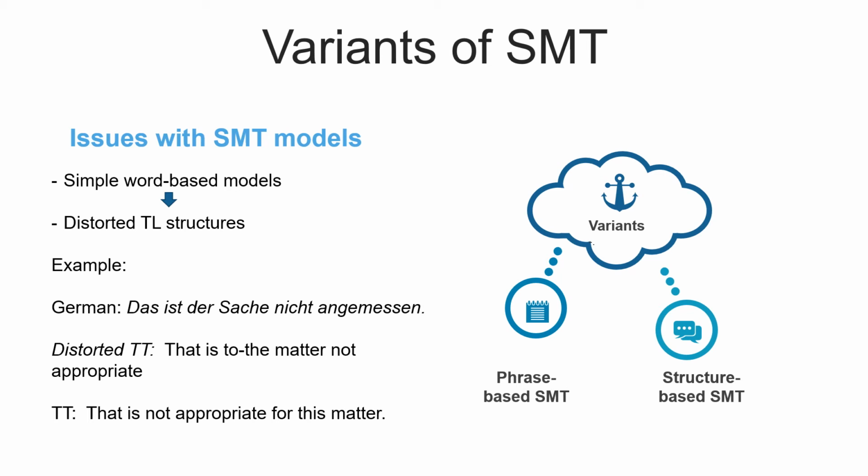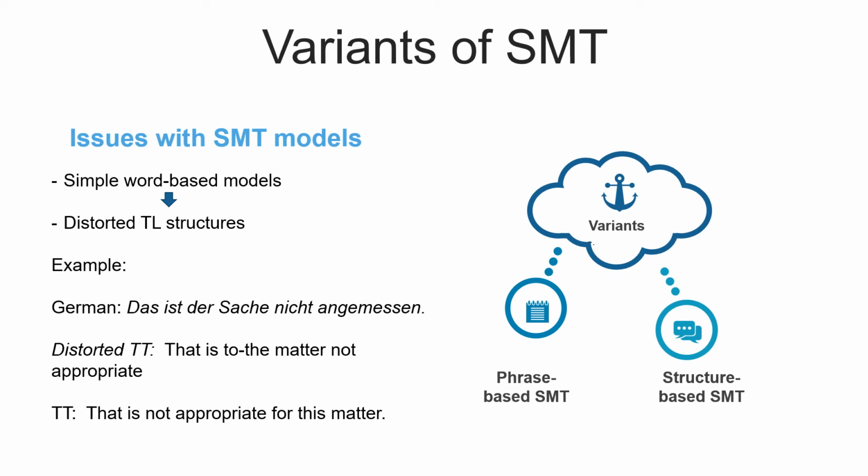So single words in one language are translated as multi-word phrases in the other language. And this leads to the target language syntax being significantly distorted with respect to the source language, which often causes bad translations in simple statistical machine translation models.